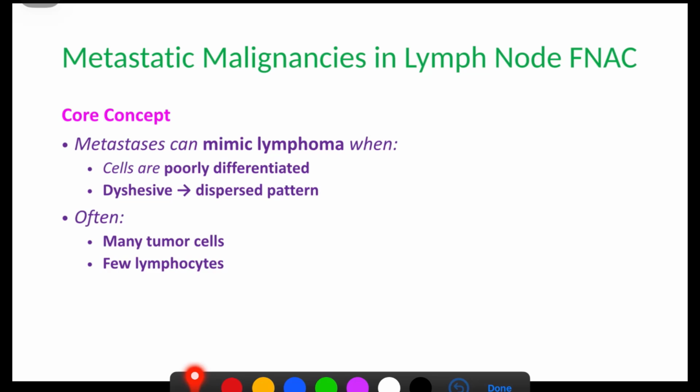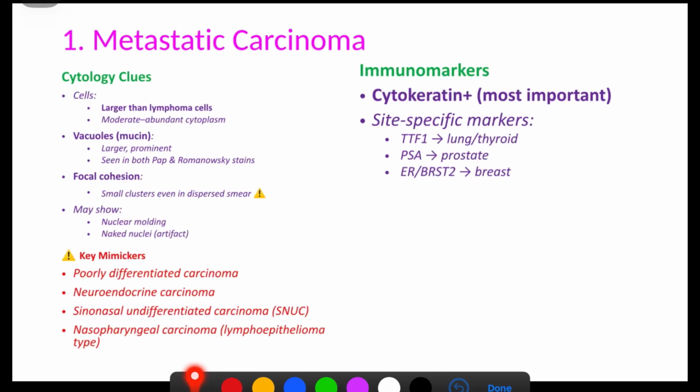Whenever you find metastasis which can mimic lymphoma, the cells are poorly differentiated with a discohesive and dispersed pattern, many tumor cells are present showing dispersed pattern, and there are few lymphocytes in the background.